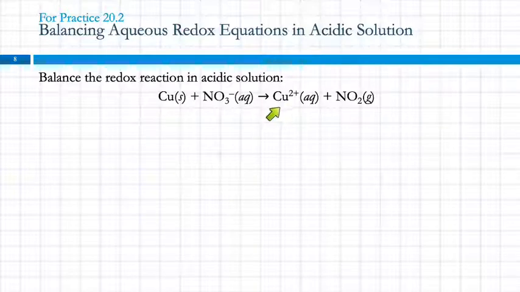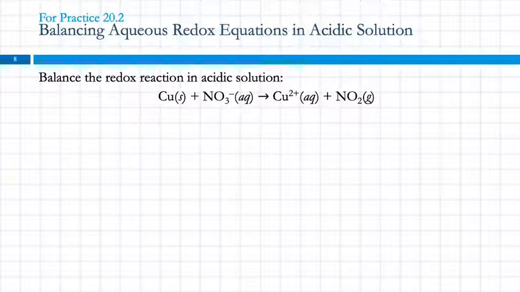Here I've got copper 2 plus ion, now it is an ion, and over here, this is not nitrite ion because there's no charge. It's nitrogen dioxide, a molecule with 0 charge. So again, chemists are very careful about writing charges when there are charges and not writing them when there aren't. Can't get sloppy about that.